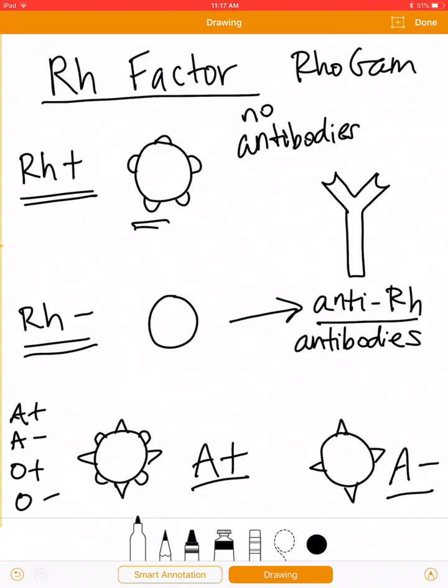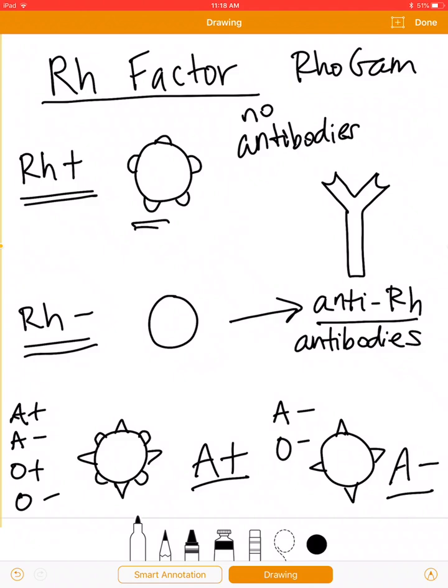Whereas someone who has A negative blood, they can only receive from these blood types that are negative, okay, because they would be producing these anti-RH antibodies, so they can't receive blood from anyone who has those RH antigens present. So A negative blood type would only be able to receive from other A negative blood types and O negative blood types, okay? So hopefully this helps you out with the RH factor and kind of what that is.